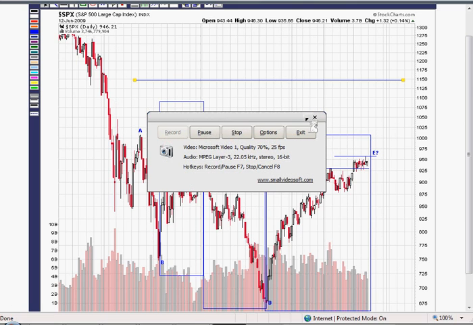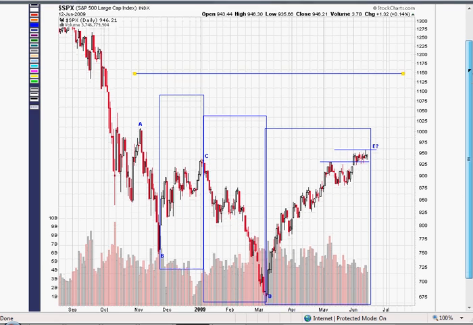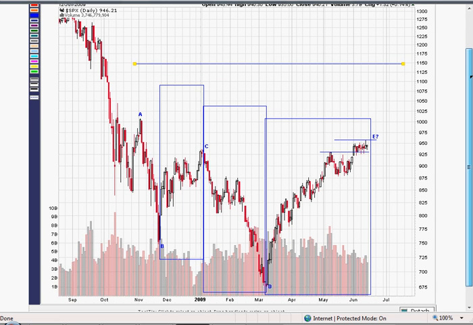Now this is a chart of the S&P 500, and I'm going to talk a little bit about time frame analysis of recent legs up and down in the market, and some common ways that the next leg would relate in time to the prior two legs.